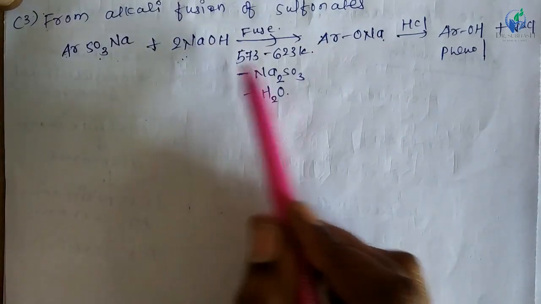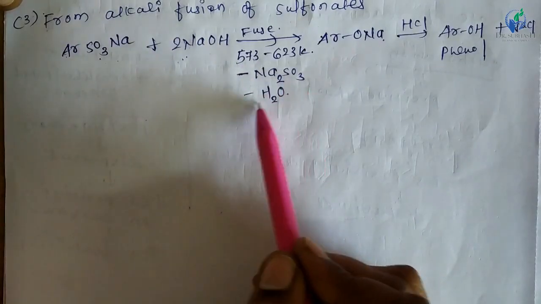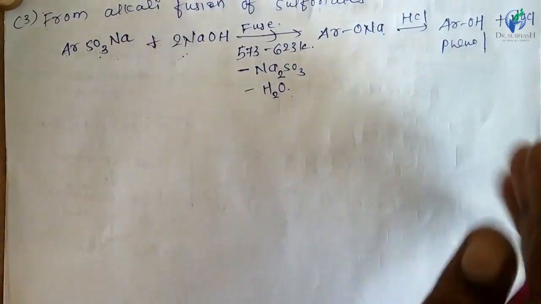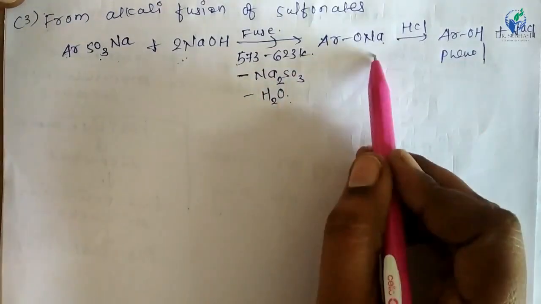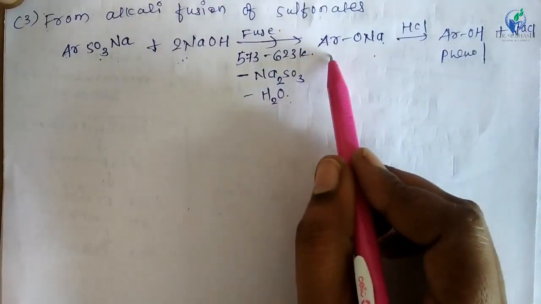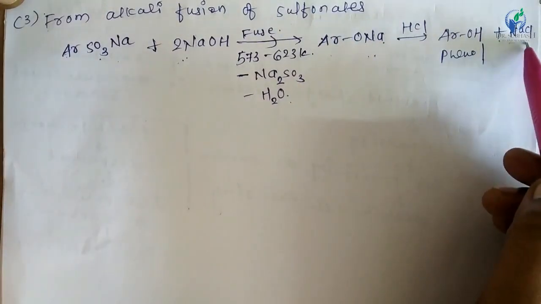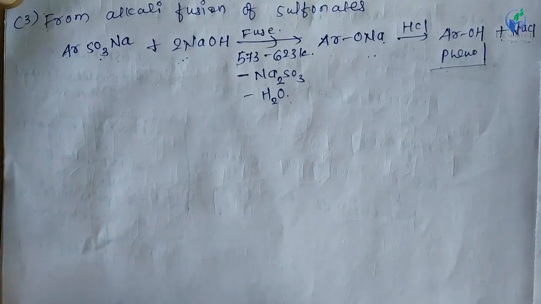During this step, it releases Na2SO3 and a water molecule. The second step is the acidification of this sodium phenoxide. On acidification of sodium phenoxide, it releases the salt, that is NaCl, and forms the phenol molecule.